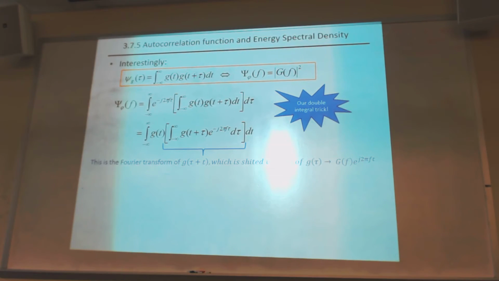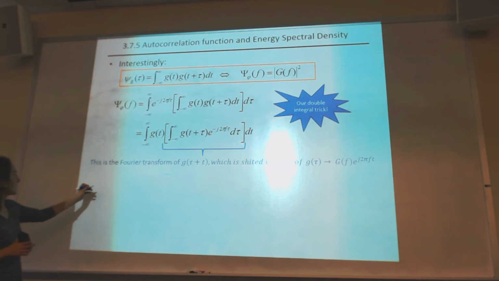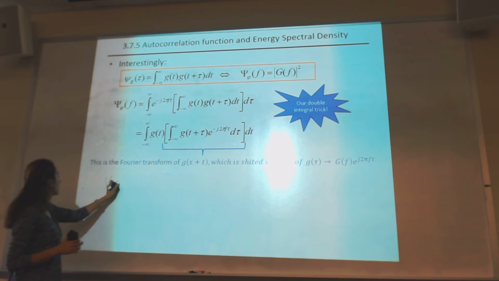Okay, now interestingly, we are going to prove that this autocorrelation and this energy spectral density, which is the same notation, capital psi, are a Fourier transform pair of each other. So the autocorrelation is a function of time.